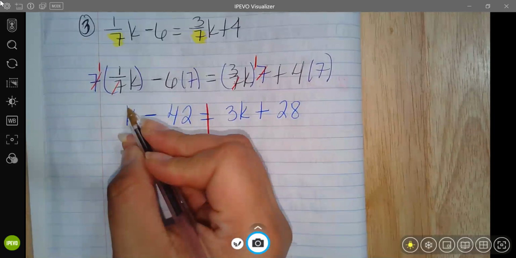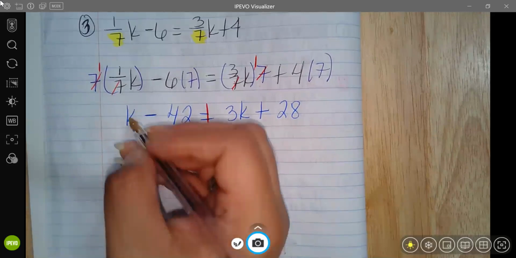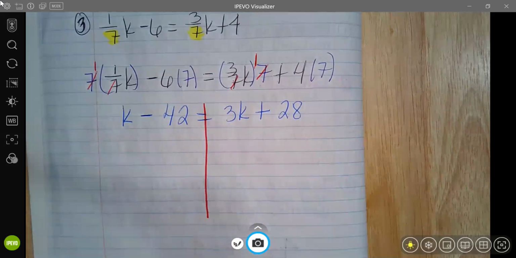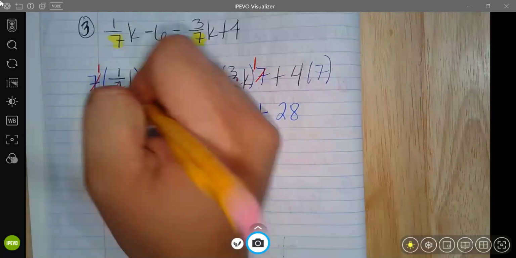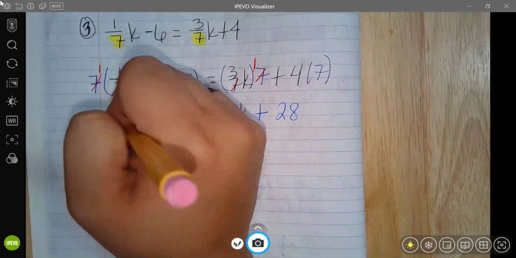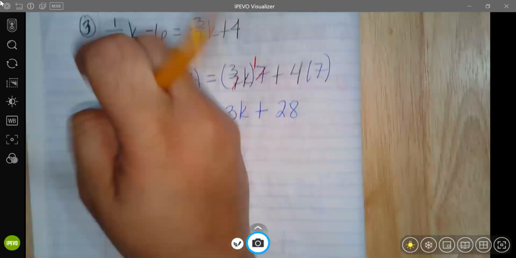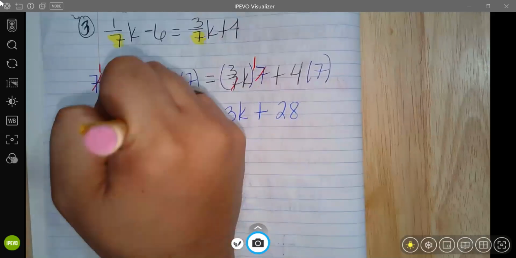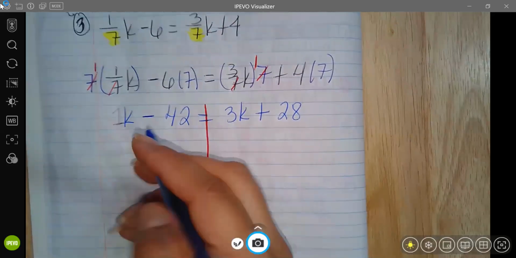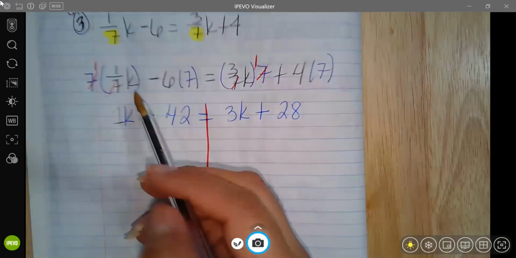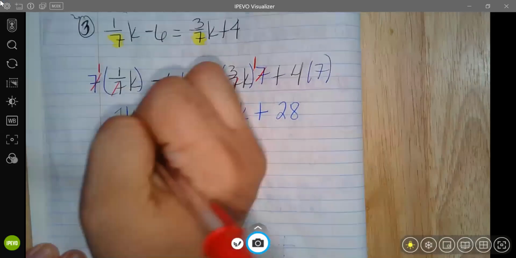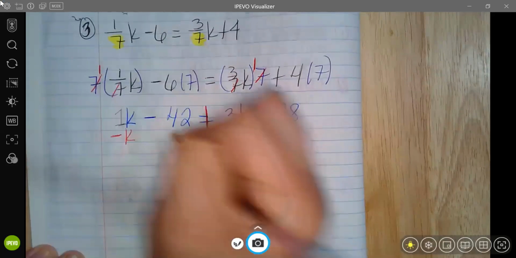So if this is K, that basically has an invisible 1. If you ever see a variable by its lonesome, always remember that there's an invisible number 1 in front of it, so that's just 1K. If this is a positive K, the opposite of something being positive is negative, so that means I'm going to subtract K from both sides, right?